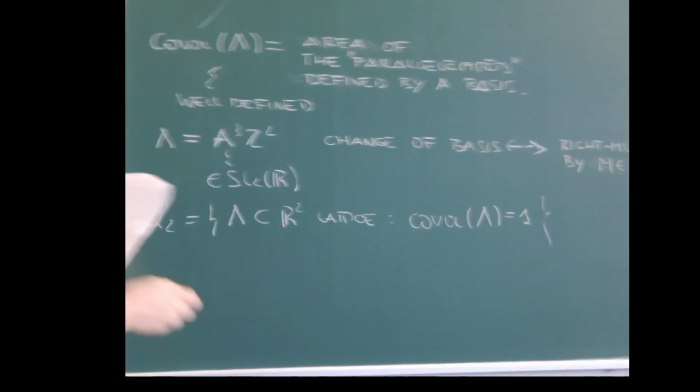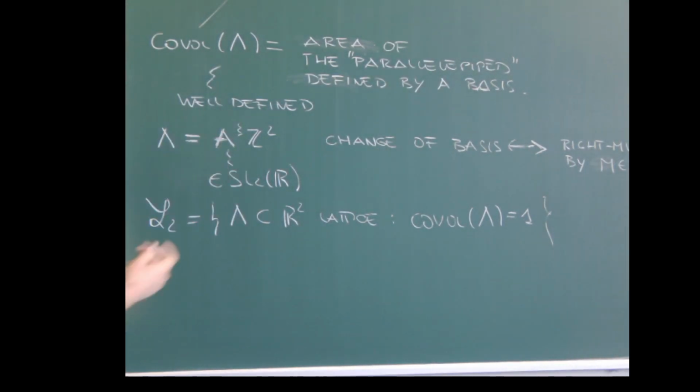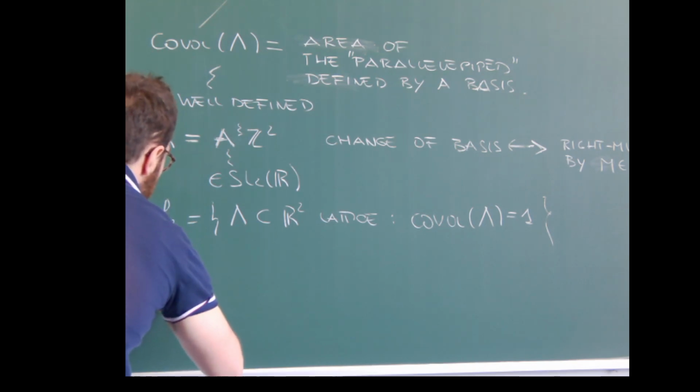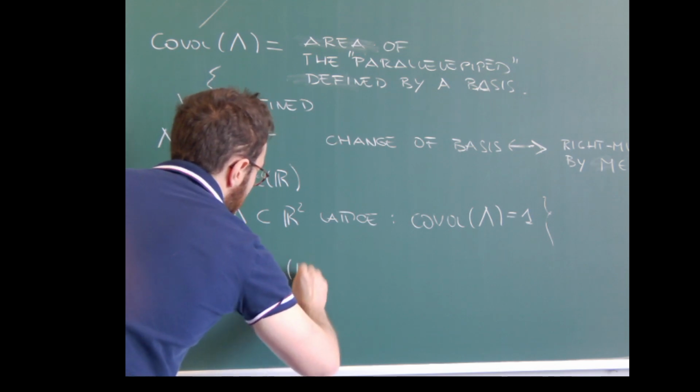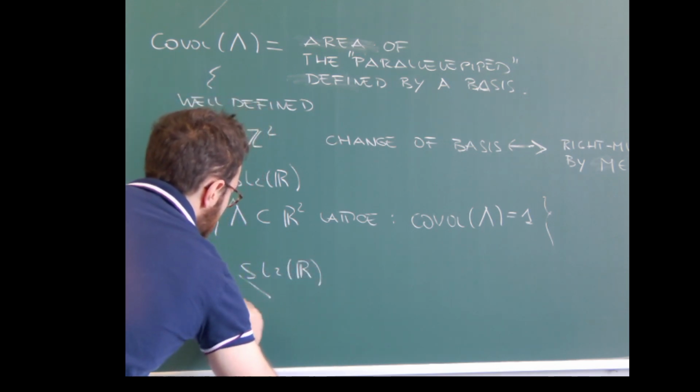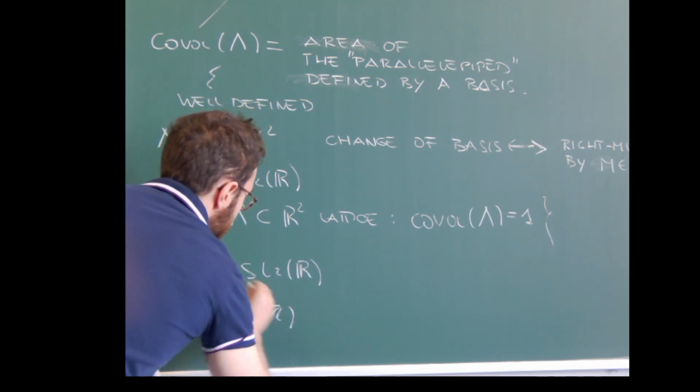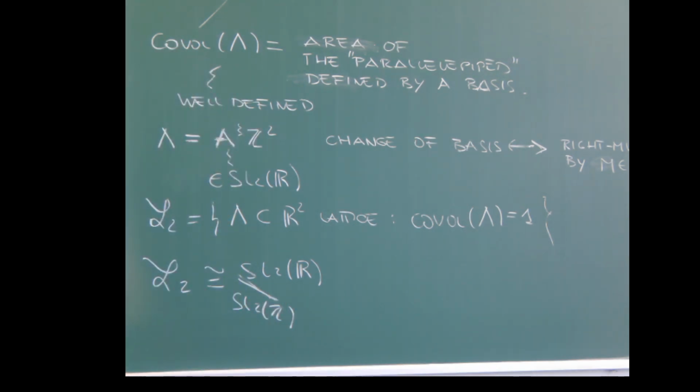So, alright, my goal now is to see this space as SL2R mod SL2Z. Okay? So if you look at this formula, this is essentially true, but not quite, because in reality here the stabilizer of the lattice is right multiplication by a matrix in SL2Z, right?